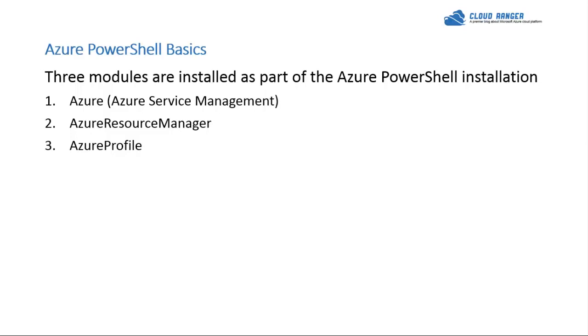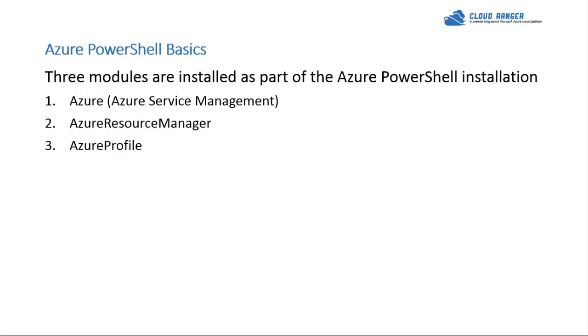By default, it doesn't matter whether you are logged in through the certificate method or the Azure account method to connect to your subscription from Azure PowerShell, you are always loaded with the Azure module, or the Azure Service Management module. So you have a certain set of commandlets available for service management.